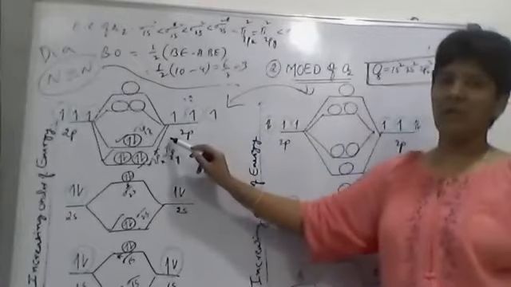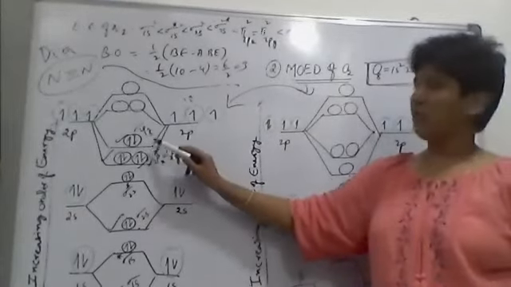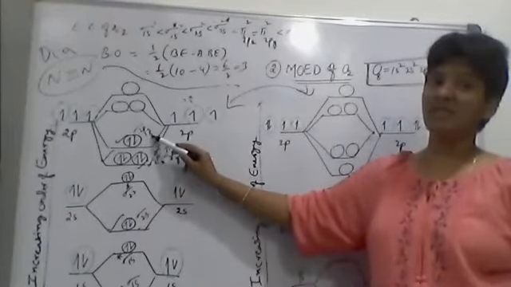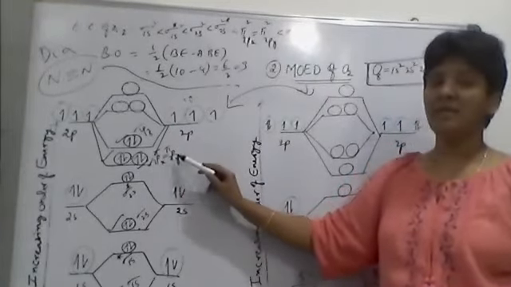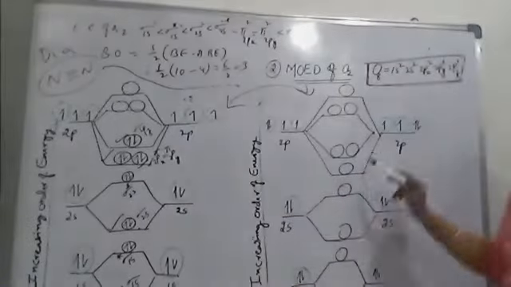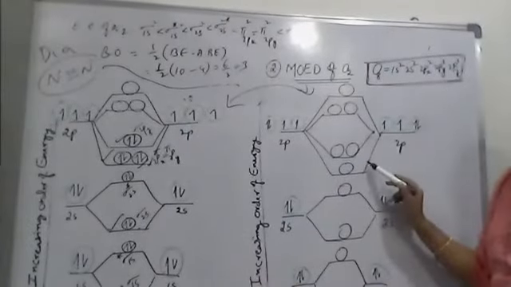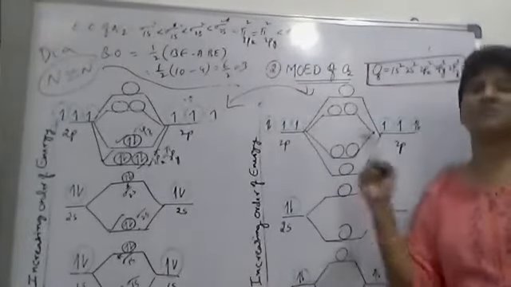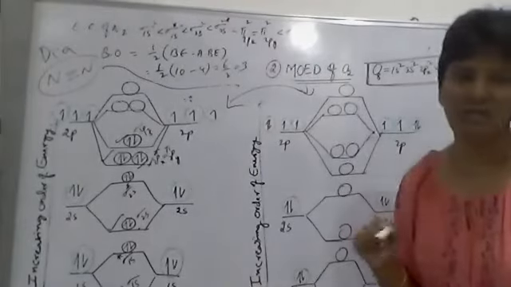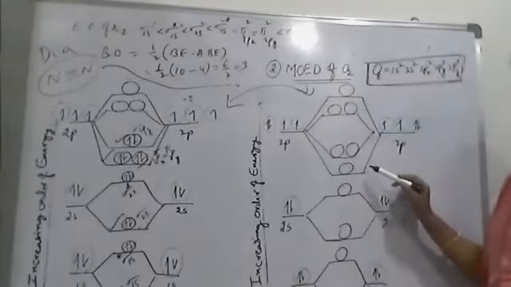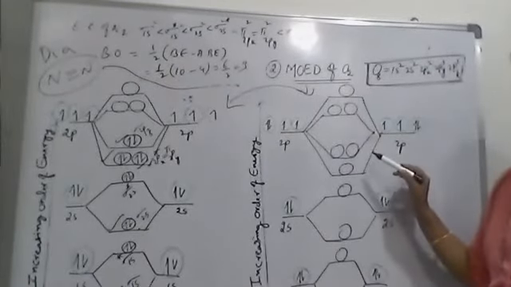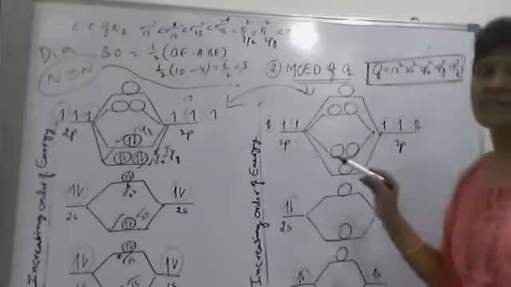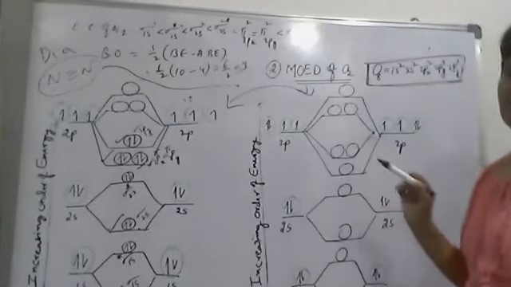In the N2 molecule, the sigma 2pz orbital energy is more than pi 2px, pi 2py. Whereas in oxygen, that is from 16 electrons, a little change: the sigma 2pz orbital energy is lesser than the pi 2px, pi 2py orbitals.